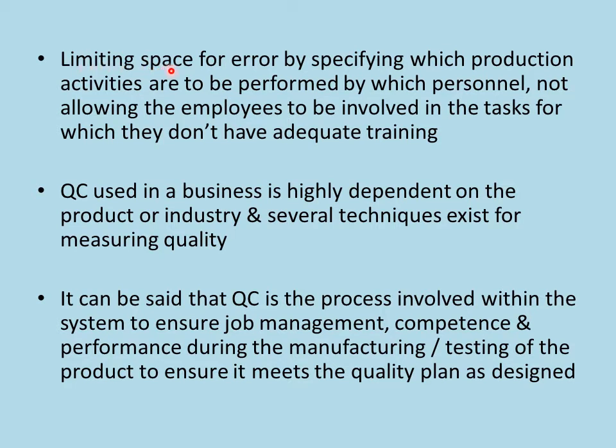Limiting space for errors by specifying which production activities are to be performed by which personnel. So the persons can be assigned their tasks, that which person has to perform what type of duties. In this way, errors may be reduced.